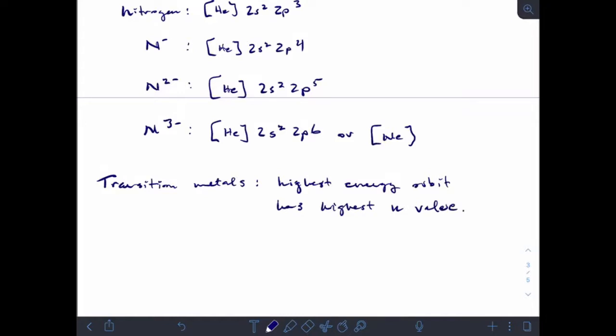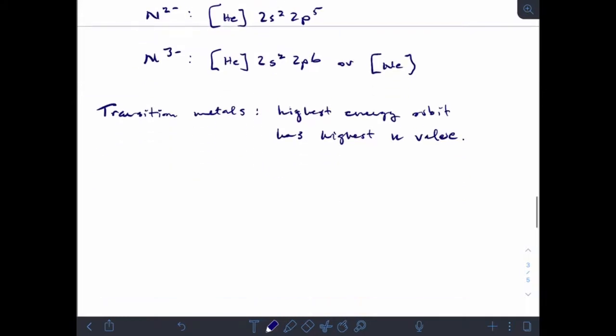So we're going to pull from the highest n value first. When the n values are the same, as with neon, the larger orbitals have more energy. But if I have different n values, my highest n has the highest energy.